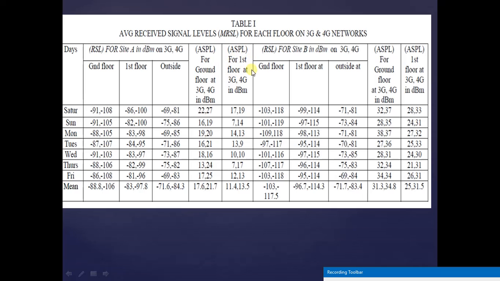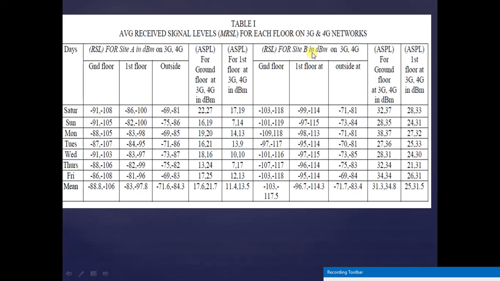So when the receiver goes to the first floor, that means when the receiver height increases, then the average signal penetration loss also decreases, which is 11.4 dBm at 3G and 13.5 dBm at 4G.